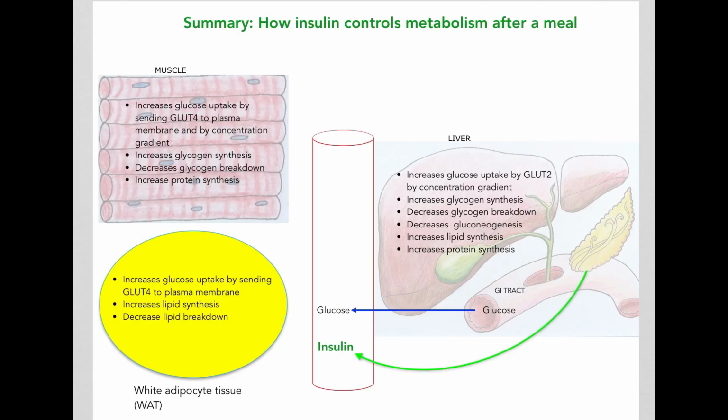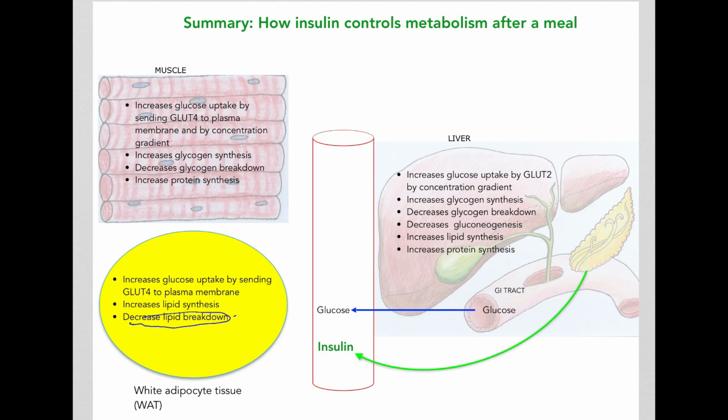Insulin will also stop gluconeogenesis in the liver, and it will increase lipid synthesis in the liver as well as in the adipocytes.